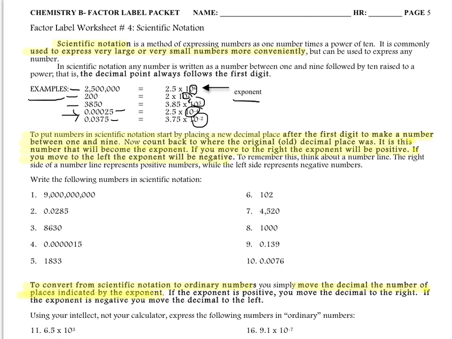Then you're going to count back to where the old original decimal place was. And it's important that you count from the new decimal place back to the old decimal place, because the direction that you are moving as you do that is going to tell you if your exponent is going to be a positive or a negative number. So if this seems vague, hopefully an example will clarify.